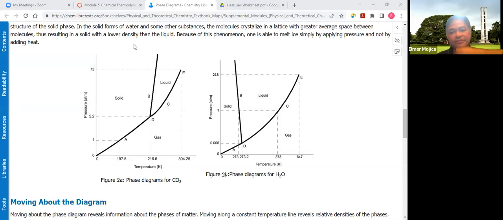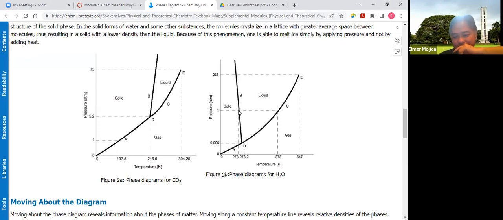Okay? Hindi siya natutunaw kasi at 1 atmosphere, which is the atmospheric pressure, either solid siya or magsasublime siya agad into gas. But look at water at 1 atmosphere. So anong tawag natin dito? Sa pinupoint ko. Anong tawag natin dito? So ito yung tinatawag nating ano?